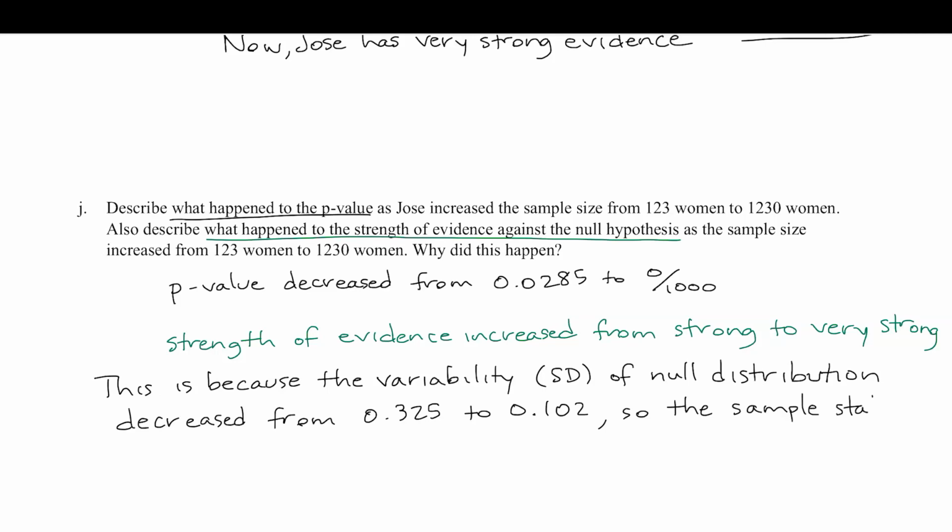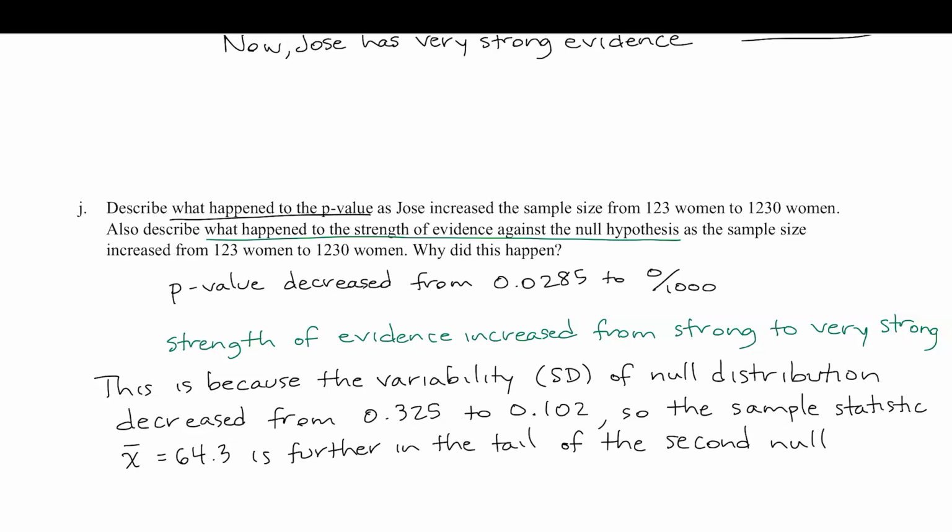So the sample statistic, which was x bar equal to 64.3, is further in the tail of the second null distribution with the larger sample size.